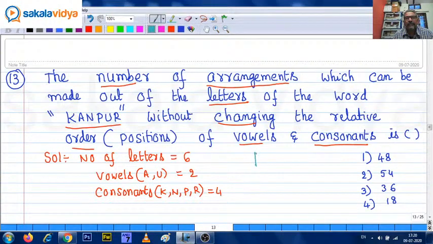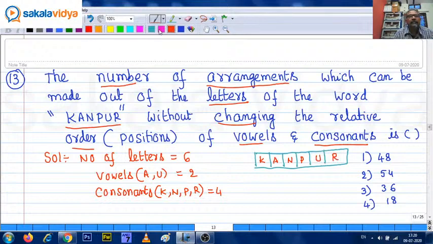First, take the 6 places: 1, 2, 3, 4, 5, 6. Write down Kanpur: K-A-N-P-U-R.